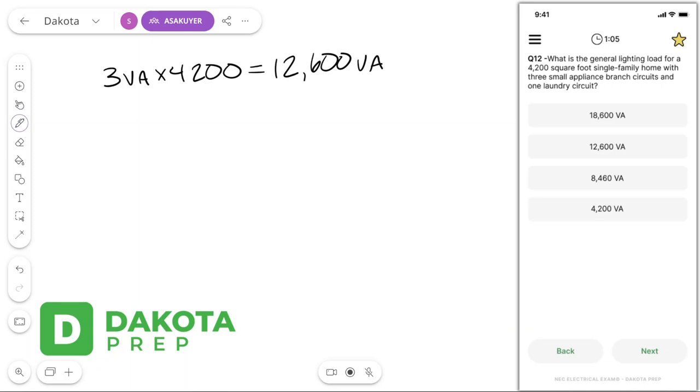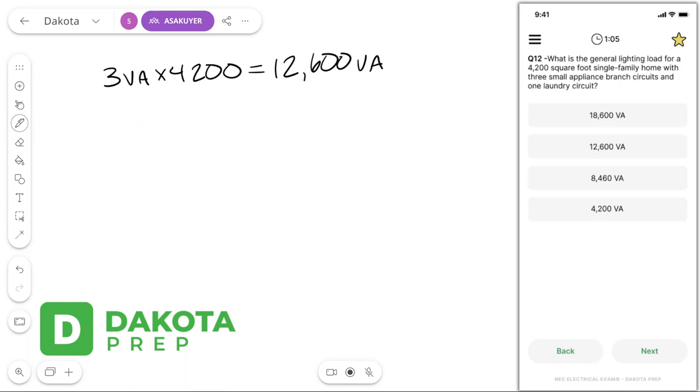Now, before we run into that, this question also says we have 3 small appliance branch circuits and 1 laundry circuit. So if we look at section 220.52, it says those small appliance branch circuits for your kitchen and that laundry circuit can actually be added into this general lighting load, and we can apply those 220.45 derating factors.